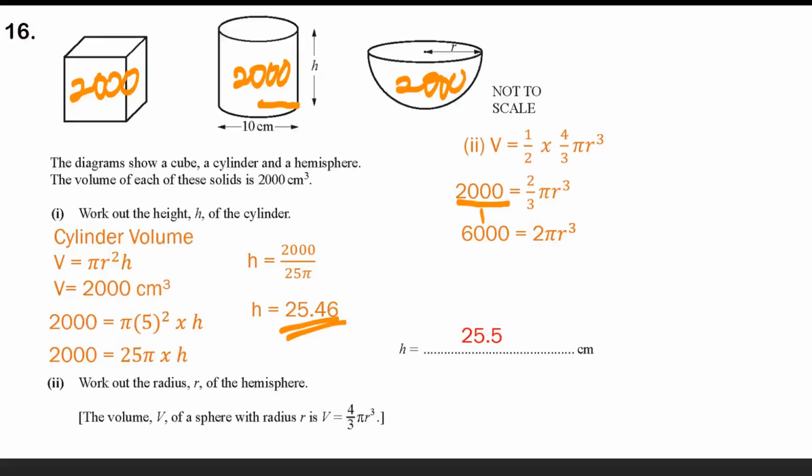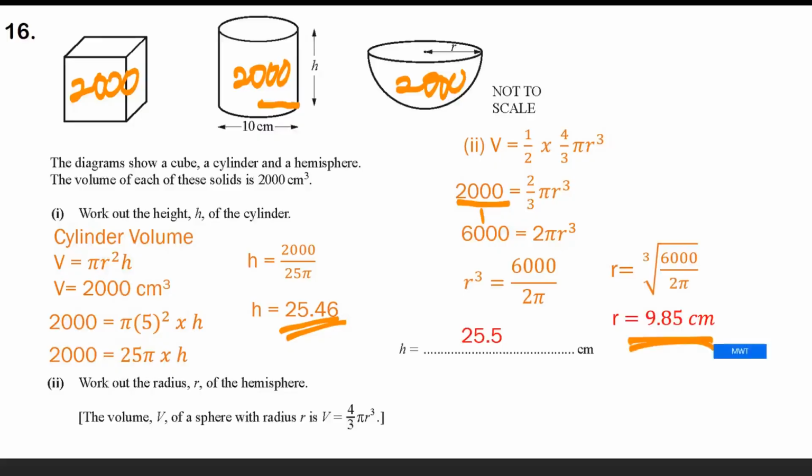Then the remaining is 2 pi r cubed. Divide both sides by 2 pi. r cubed is equal to 6,000 divided by 2 pi. Then get the cube root. So r is equal to the cube root of 6,000 divided by 2 pi, and r now is 9.85 centimeters. This is the radius of your hemisphere.